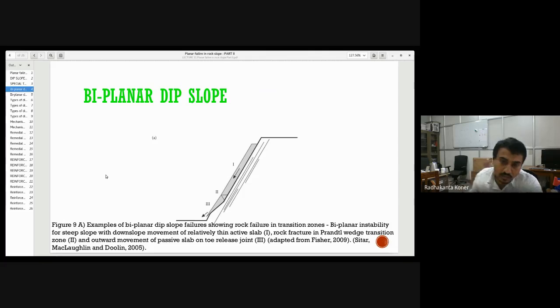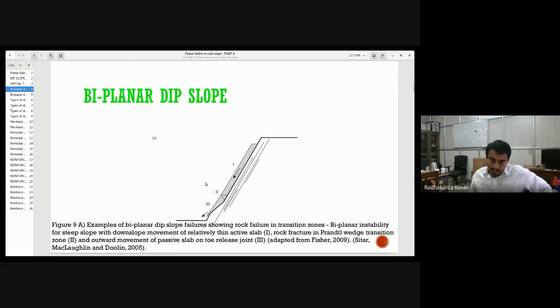Here it is stage 1, stage 2, stage 3. Stage 1 is basically the biplanar instability of the steep slope, with relatively down-slope movement of the thin active slab. Second is basically the rock fracture.